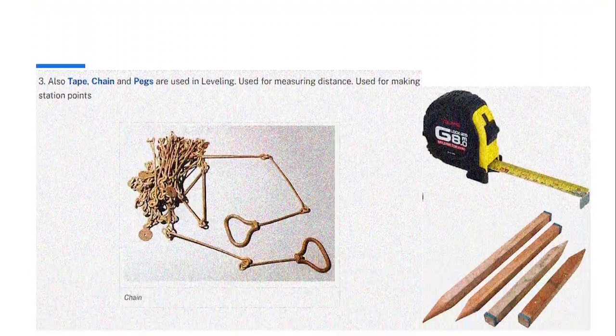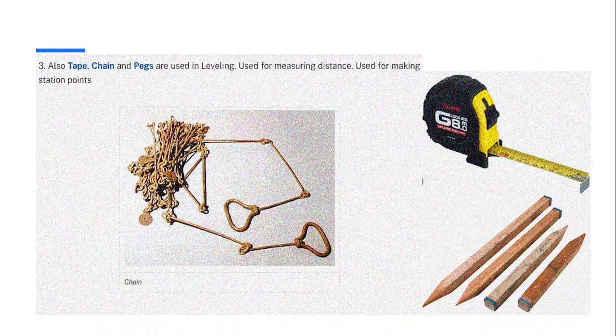The other equipment we saw before, when we were discussing the chaining survey: the tape, chain, and pegs are also used in leveling. They are there to measure distances and to mark station points.